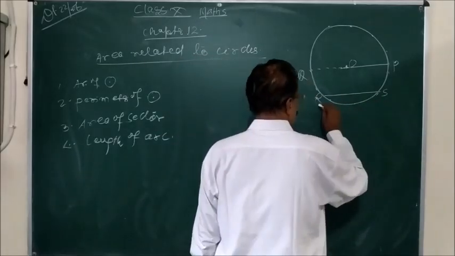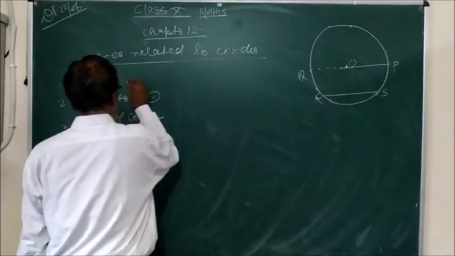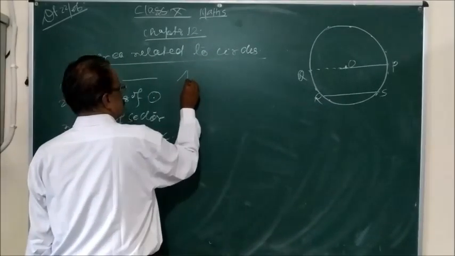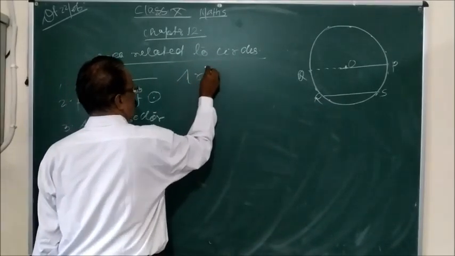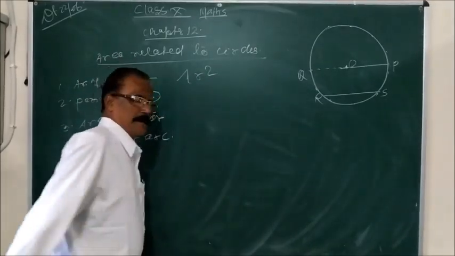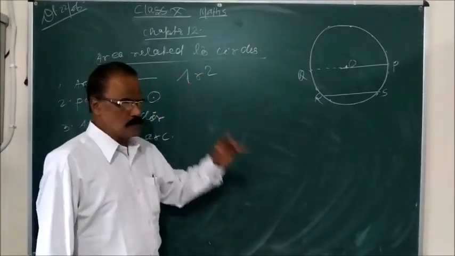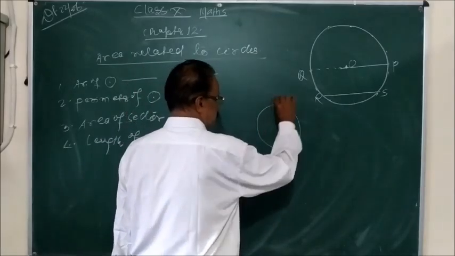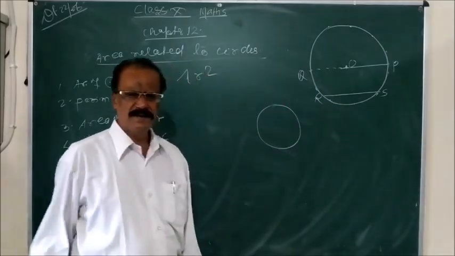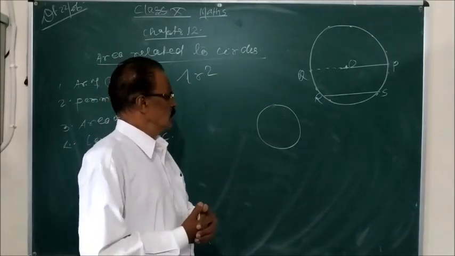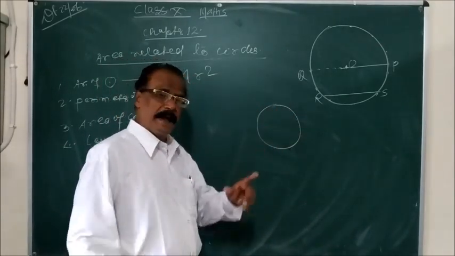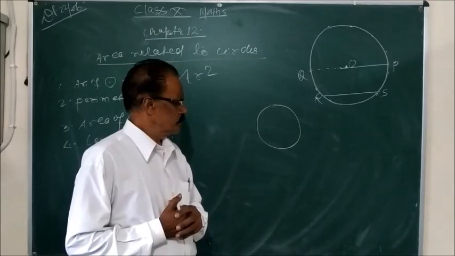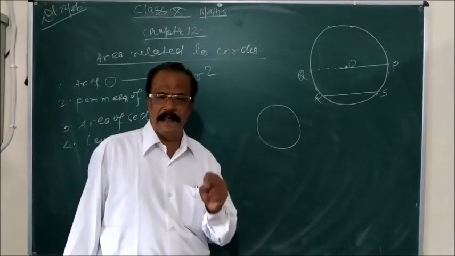Now you see, the area of a circle. This is the formula: pi r square, and r is the radius. Pi you know very well, and the relationship with the circumference. Circumference, you know, is the total distance traveling around a circle.